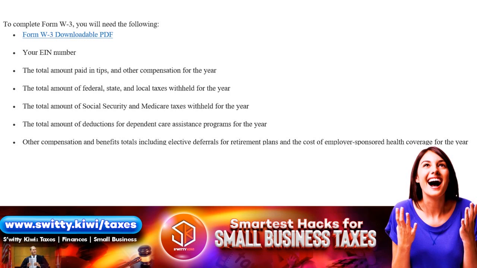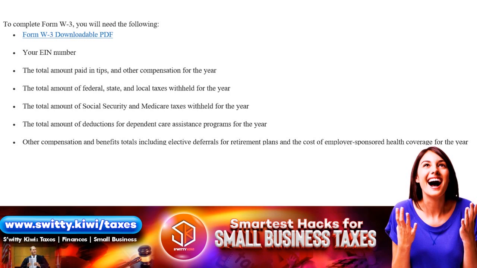I'm speaking here about a valid EIN number, the employer identification number. Then the total amount paid in tips and other compensation for the year. The total amount of federal, state, and local taxes withheld for the year. Again, we are reconciling amounts paid on individual W-2s with what's happening on the W-3.